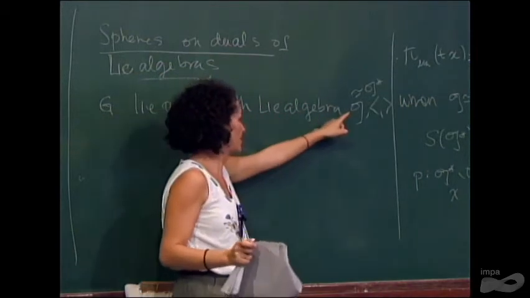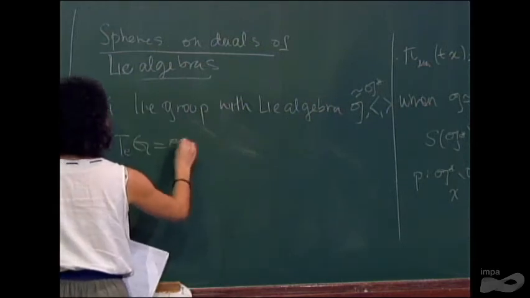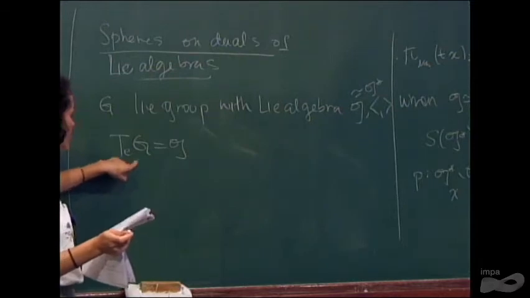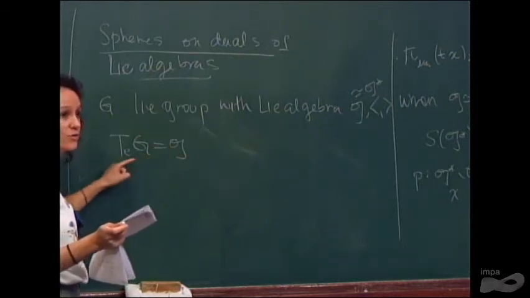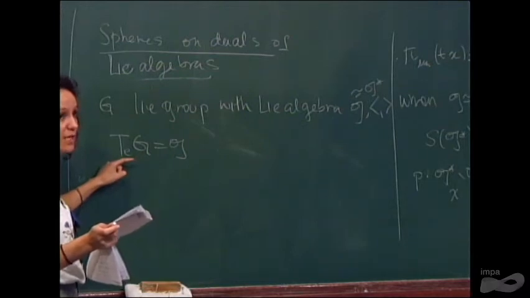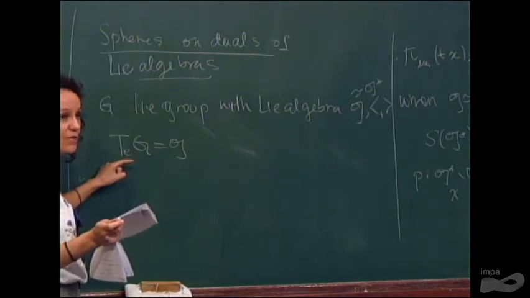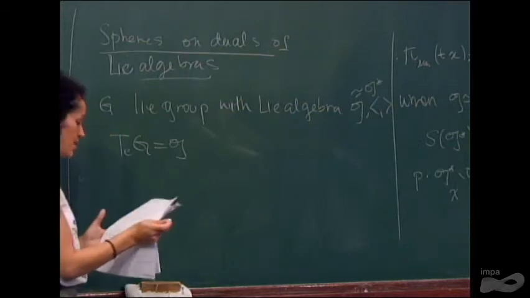Now this metric, remember that the Lie algebra is just the tangent of G at the unit. So whenever I have a metric here, I can induce a metric on the tangent space of G or the cotangent space of G. I will induce a metric which is left invariant.